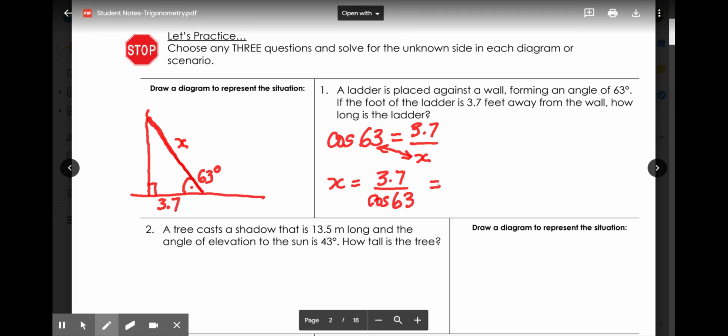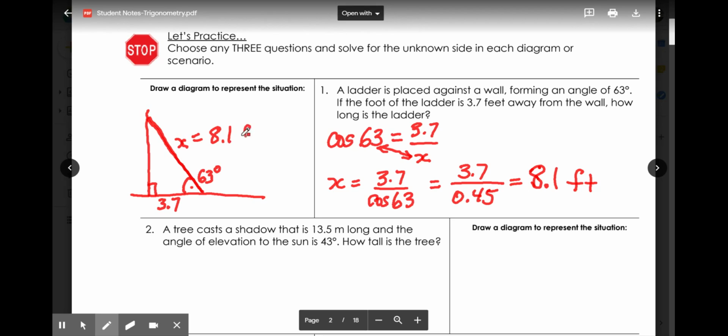Now the cosine of 63 is 0.45. And in the numerator, we have 3.7. When you do that division, you get 8.1.